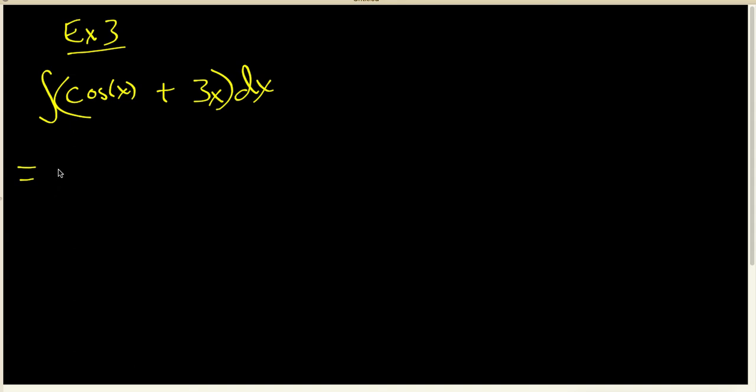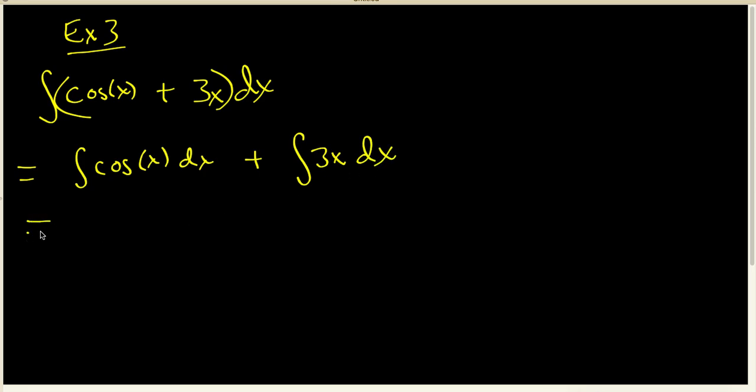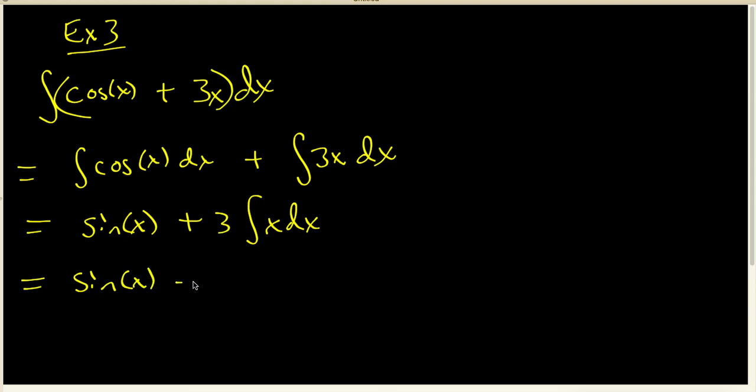So this would be the integral of cosine of x plus the integral of 3x dx. And so this is going to wind up going back to, let's see, cosine is the derivative of sine, and then this would be 3 times the integral of x dx. So we're going to have sine of x plus 3x squared over 2 plus a constant.